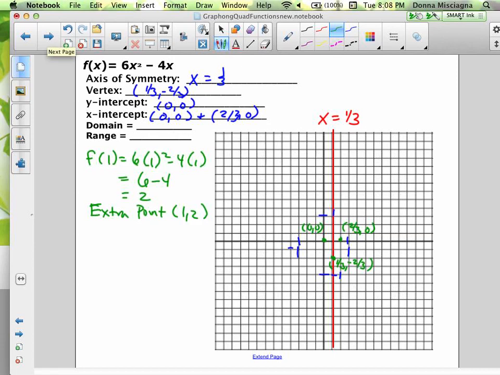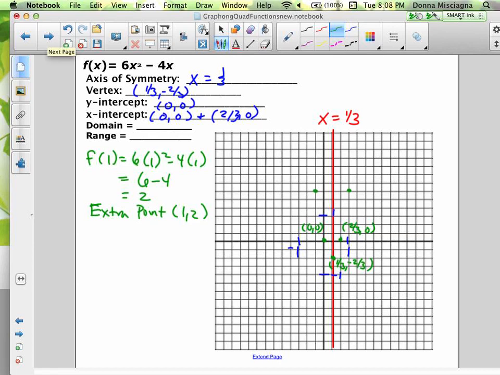So 1, and then we're going to have to count up, so everything's a third. So 1/3, 2/3, 1, and then 1 1/3, 1 2/3, that would be 2. So we count 6 boxes. If you have one that is 2 spaces to the right from the axis of symmetry, there has to be 1, 2 to the left, right?